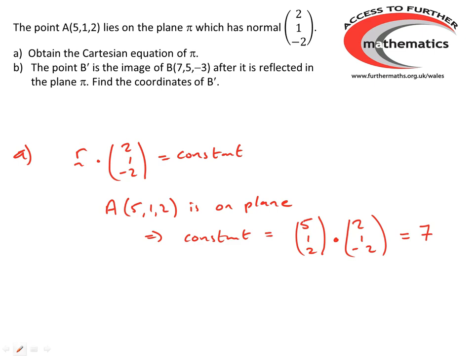So the equation of the plane must be r dot 2, 1, minus 2 equals 7, and the Cartesian equation is 2x plus y minus 2z equals 7.